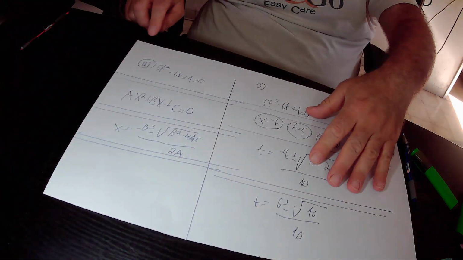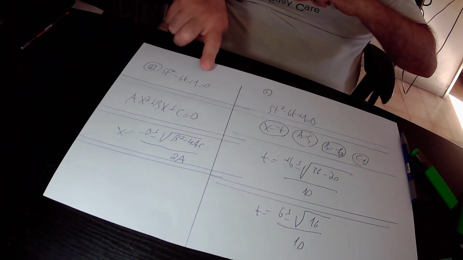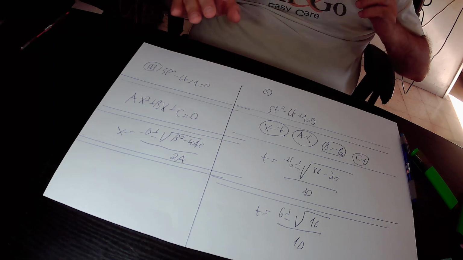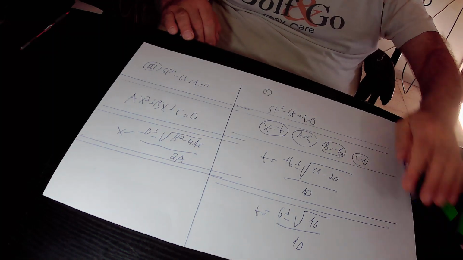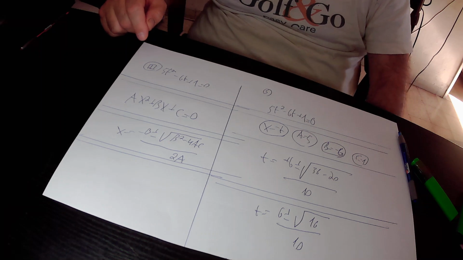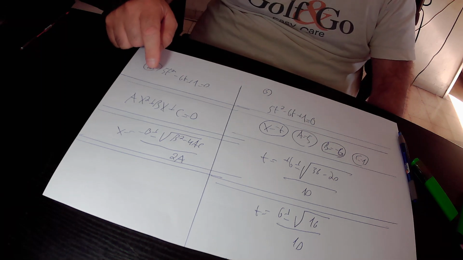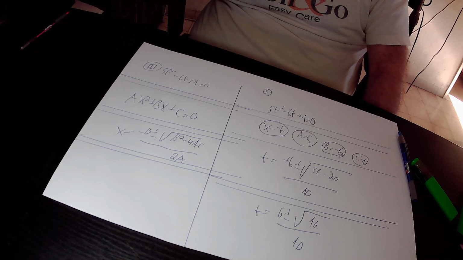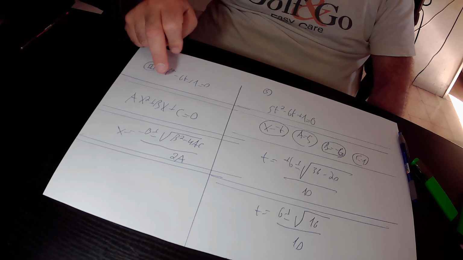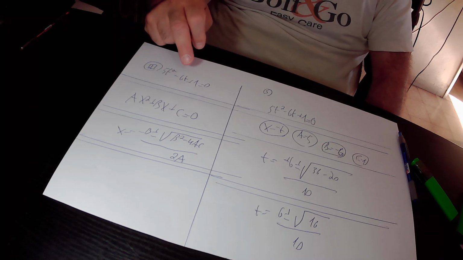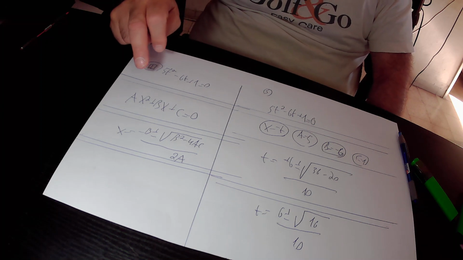Okay, again, we found that 5t squared minus 6t plus 1 equals 0. So this is a quadratic equation, and the general form of a quadratic equation is ax squared plus bx plus c equals 0. In this general formula, a, b, and c are the coefficients of the quadratic equation, and x is the variable that we are looking for.